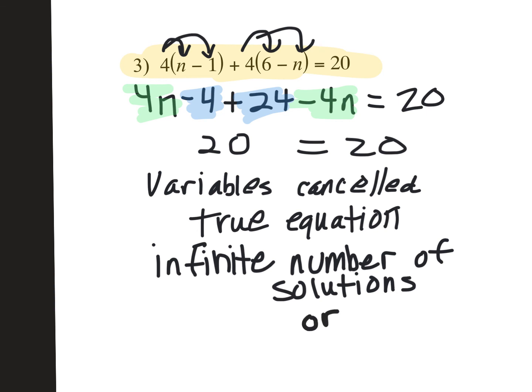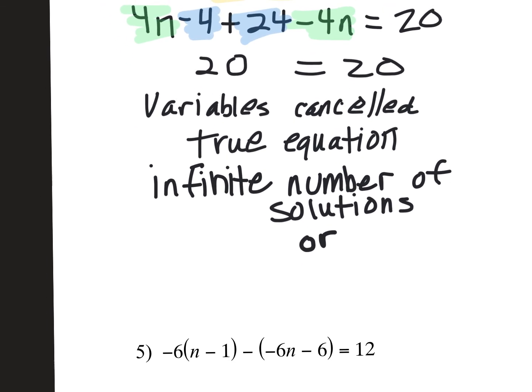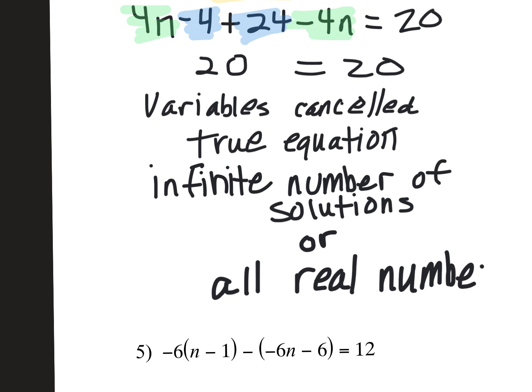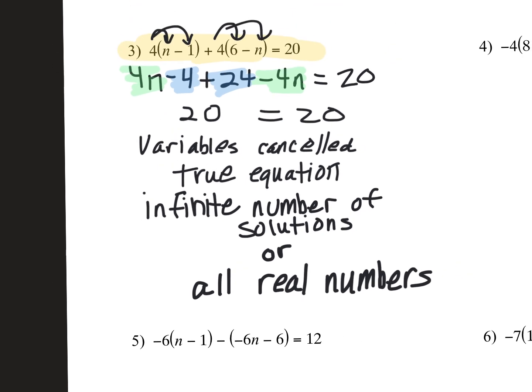Or, depending on the teacher that you had, some teachers call it all real numbers. That means that you could put in any number on the planet as long as it's a real number. Yes, there are numbers that are not real. You'll learn about those in Algebra 2. True story.